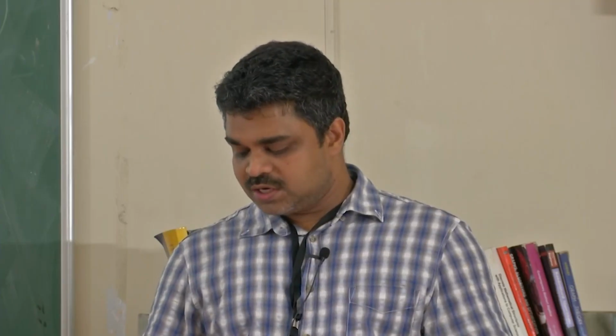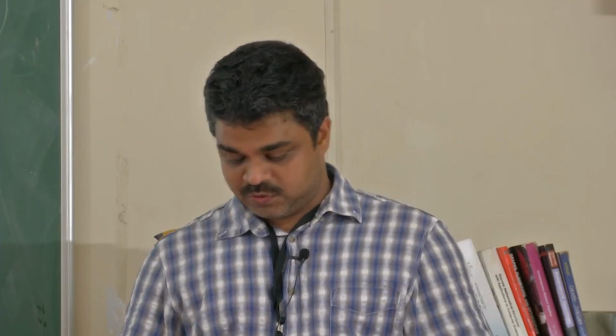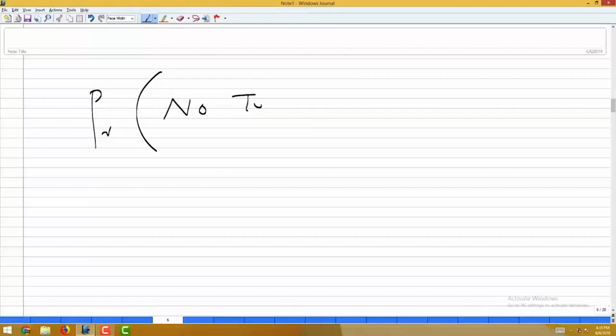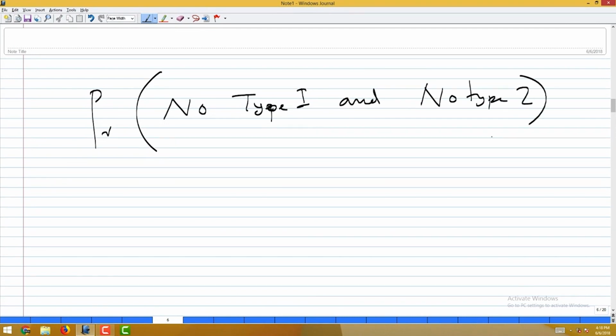But how do we show that the probability of this thing is greater than 0? Sorry, I am very bad at writing all these things. This is what we want to show: the probability of no type 1 and no type 2 is greater than 0.